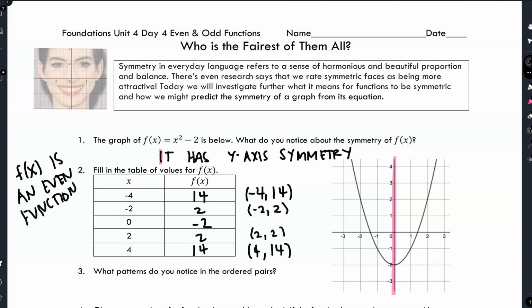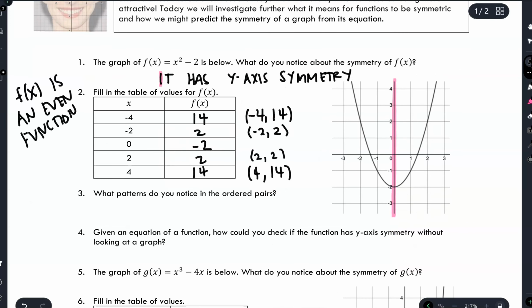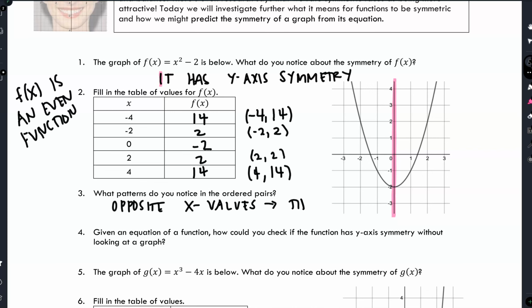So what do you notice about that? The outputs are the same. So when I'm putting in the opposite x values, they give the same y value.